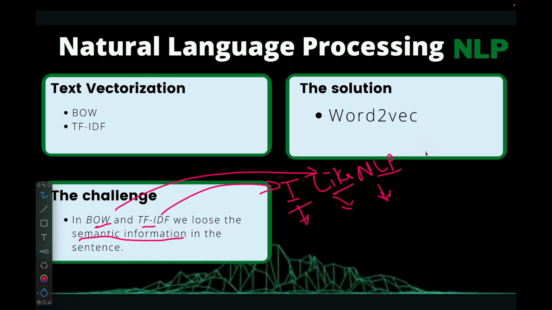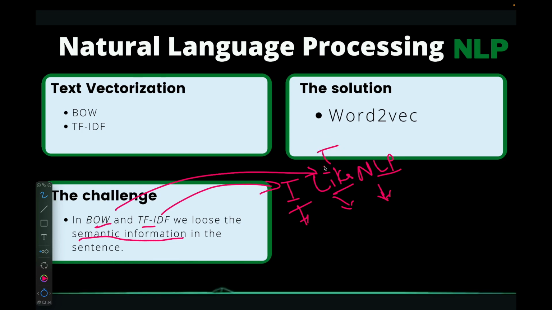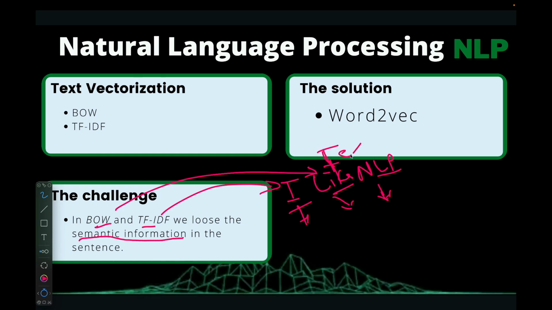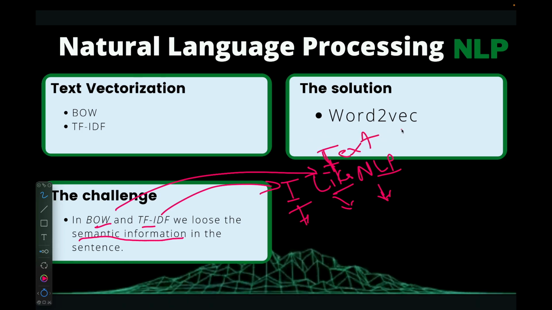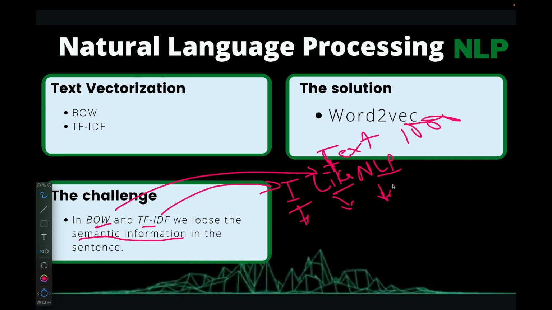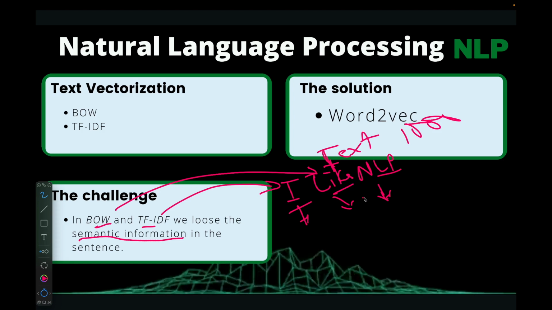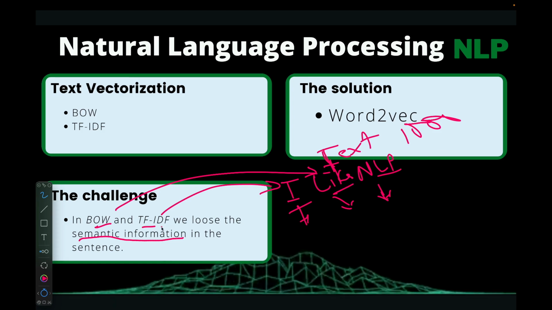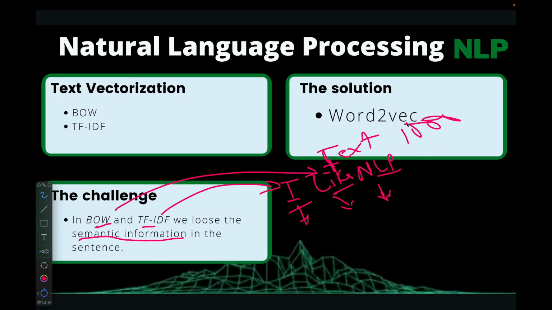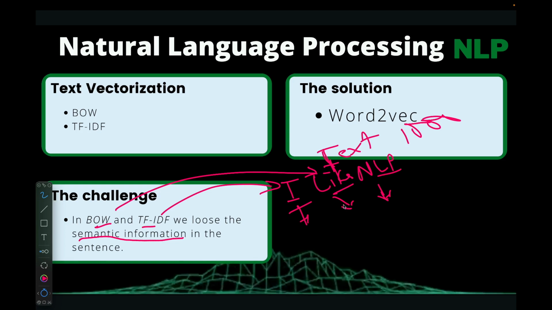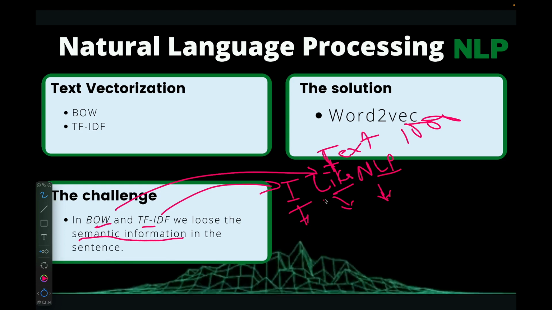Say this is quite a huge text, maybe one that contains about 1,000 words. How many times did "I" appear, how many times did "like" or "NLP" appear? That's what these techniques focus on, and whilst doing that, it's not going to care about which came first.